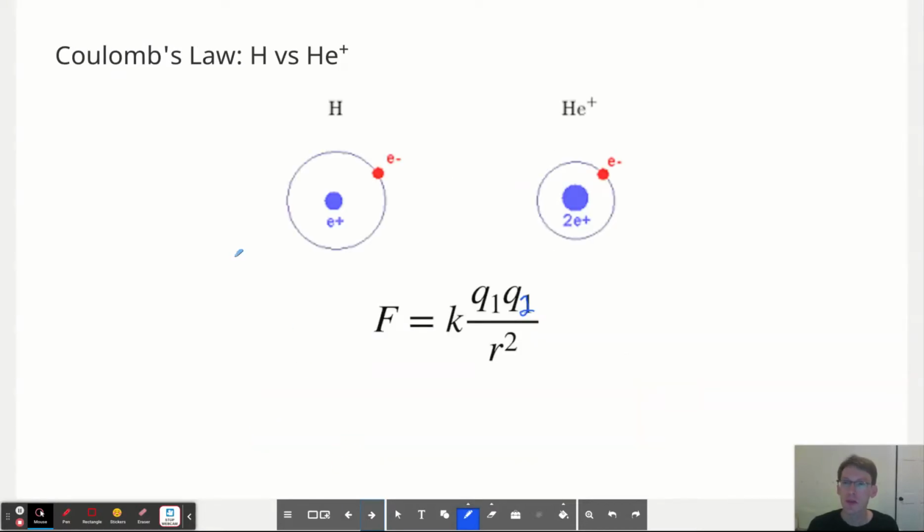So with Coulomb's law, we can use that to explain the attraction of the nucleus for the electron in hydrogen and the helium ion, He+.